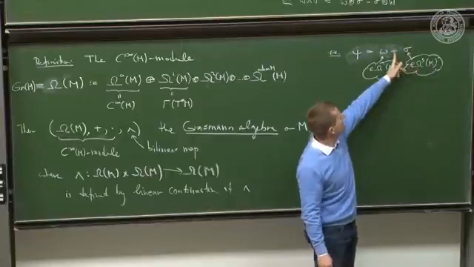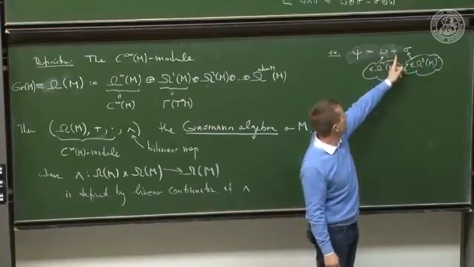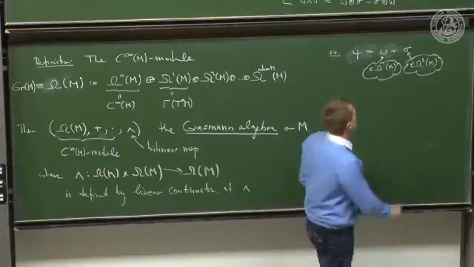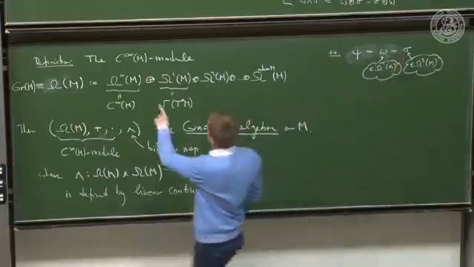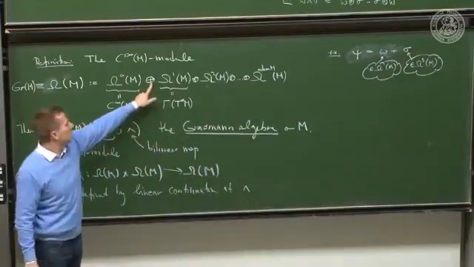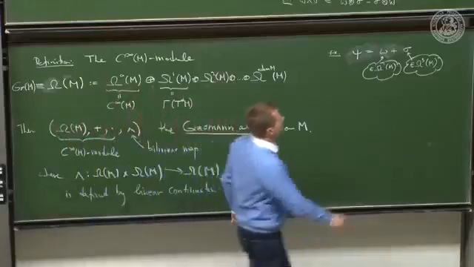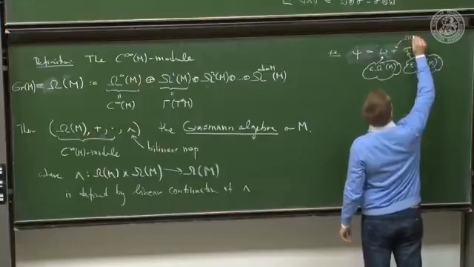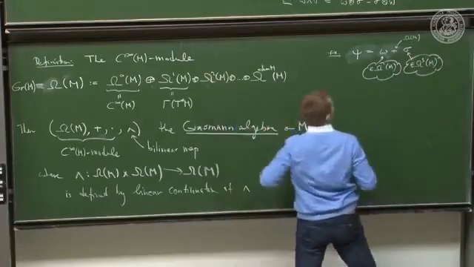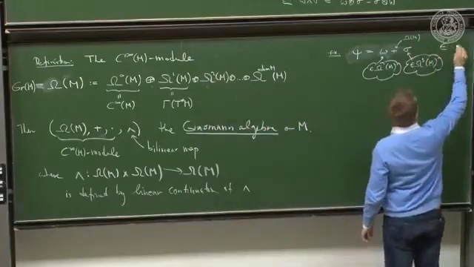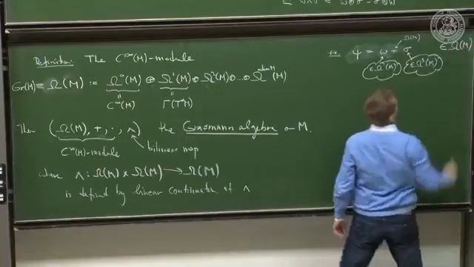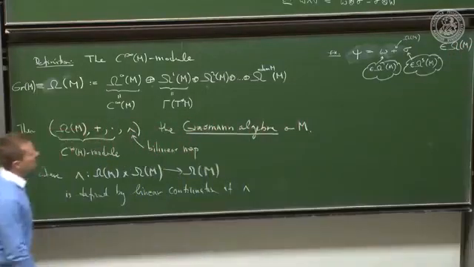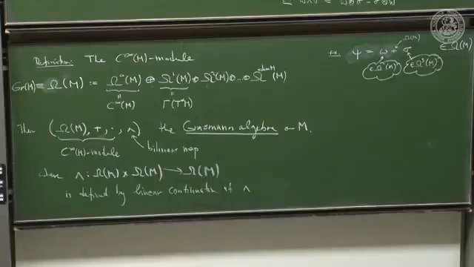Well, that's obviously not the addition on tensors of a certain rank, but it is the addition here, because they're all parts of this big space. So this is the addition in omega of M that comes from this direct sum. And so the whole thing is an element of omega of M, right? Looks funny, but that's perfectly fine.